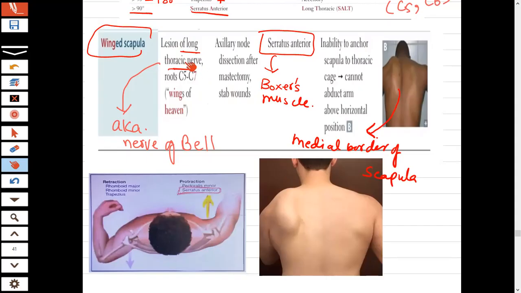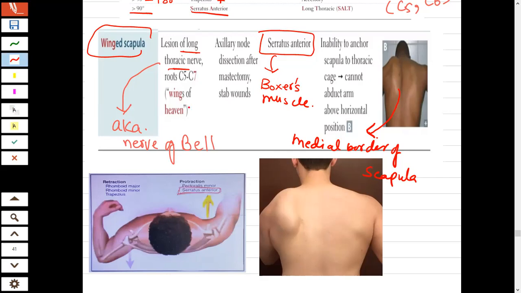Okay, so see here how this nerve can be damaged. This nerve can be damaged during axillary node dissection after mastectomy or in stab wounds. Okay, but please remember, during axillary node dissection after mastectomy, यहाँ पे एक MCQ है, the most common nerve which is going to be damaged during this axillary node dissection, उसका आंसर होगा intercostobrachial nerve.